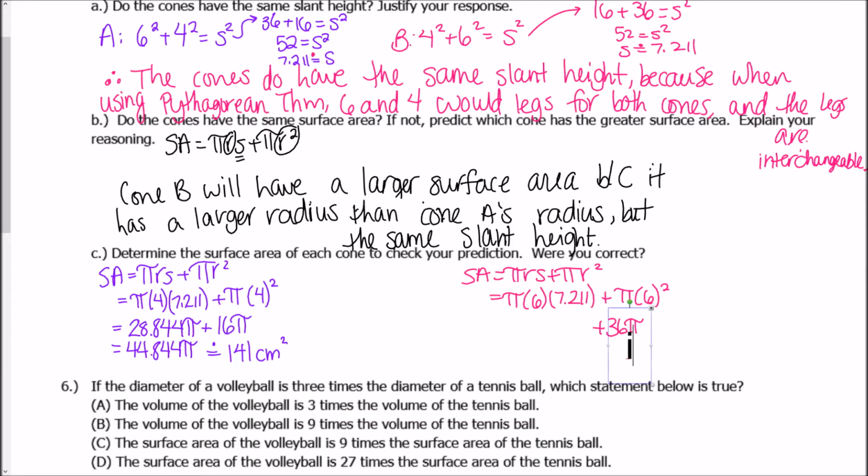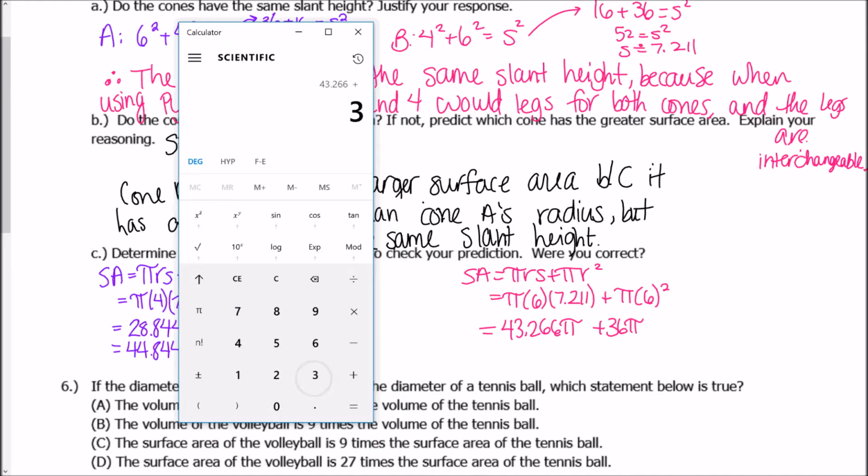So here we end up getting 43.266 pi plus 36 pi.